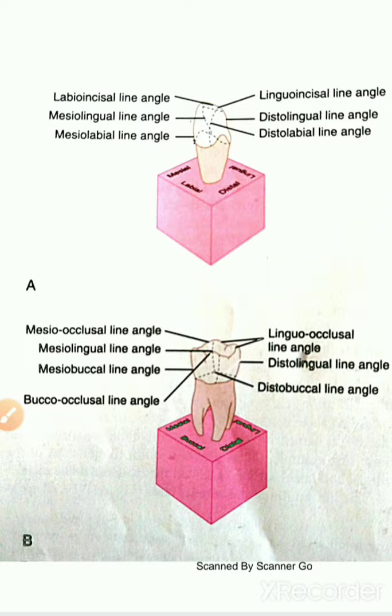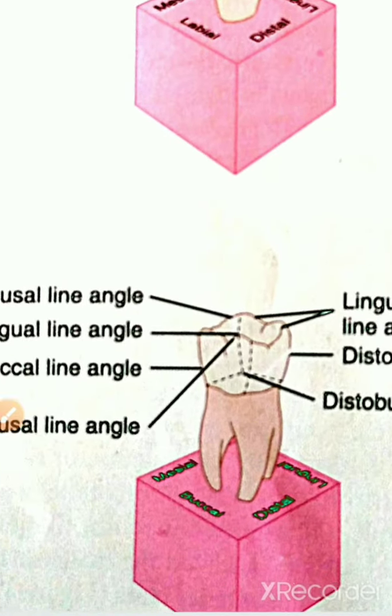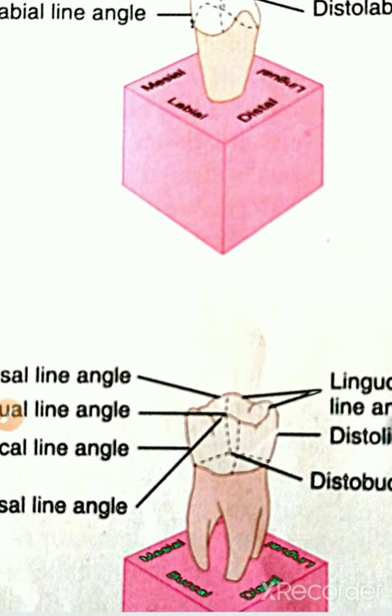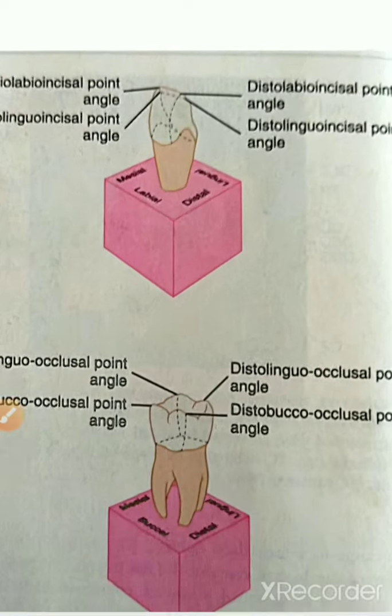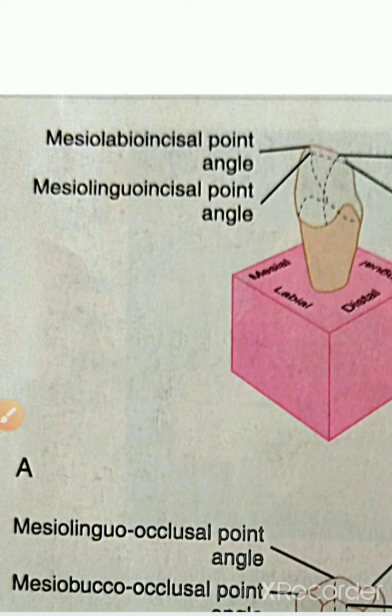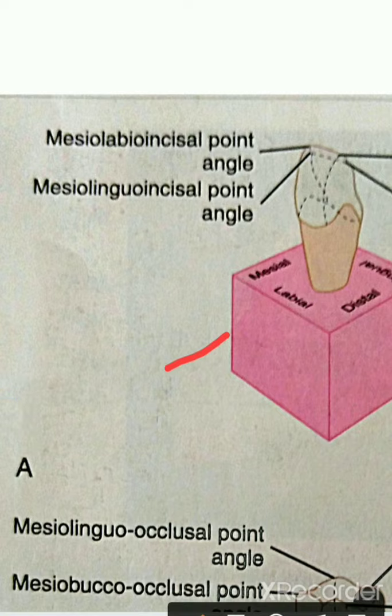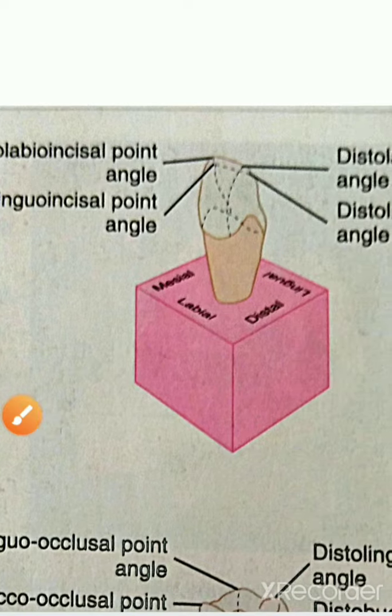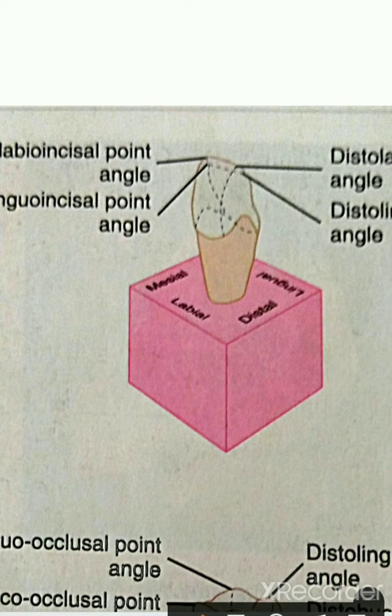For posterior teeth we have 8 point angles in total. For an anterior tooth, you'll see this is a point angle.